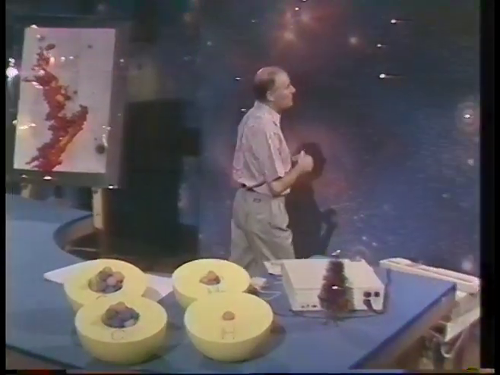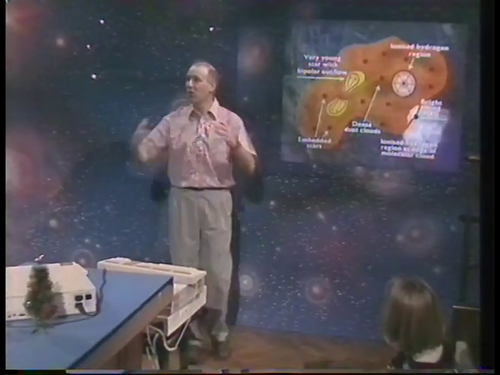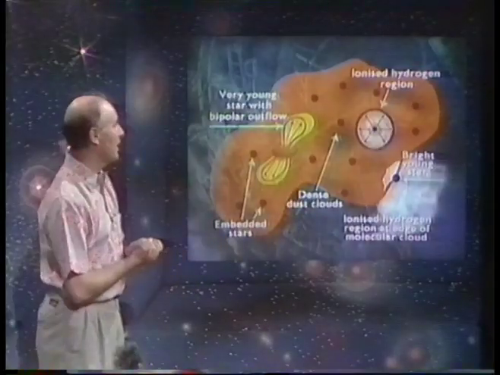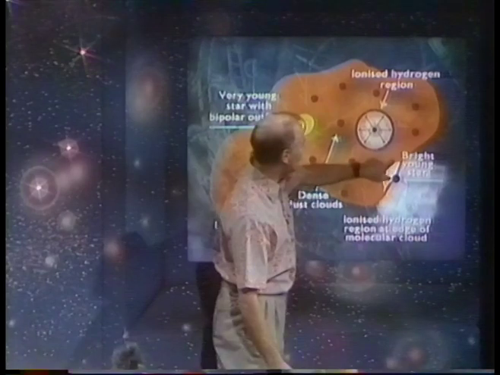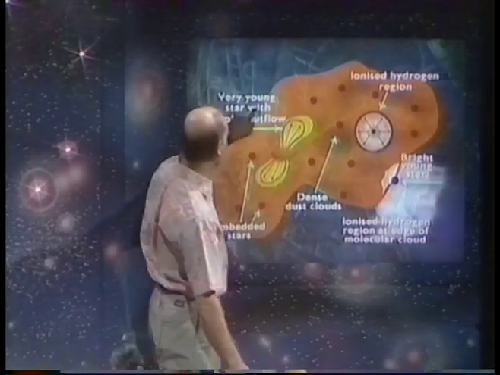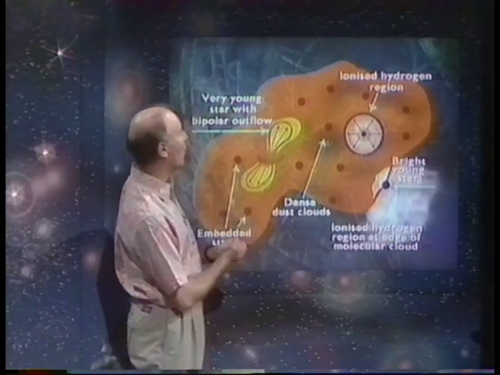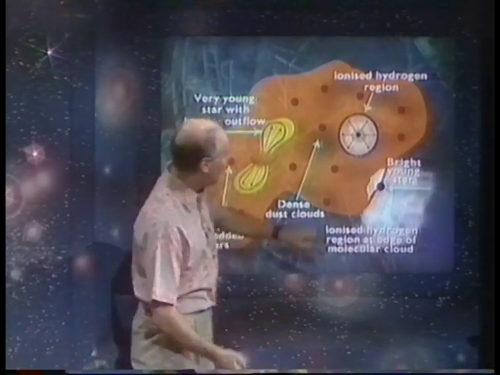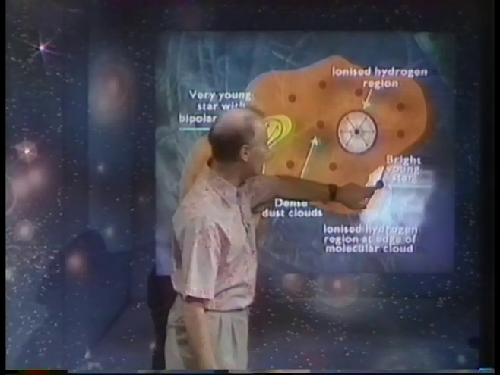Let's then just look at this model for what's going on. Here's our modern picture then for how we believe the whole process of star formation takes place. There are these giant molecular clouds which are very cold, outlined in orange here, and there are various activities going on in the vicinity of the cloud. Here is a bright young star which is just formed, and this may well be something like the Orion Nebula.